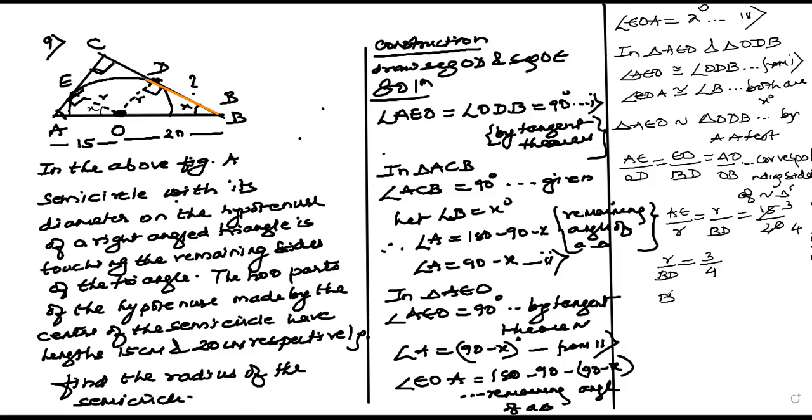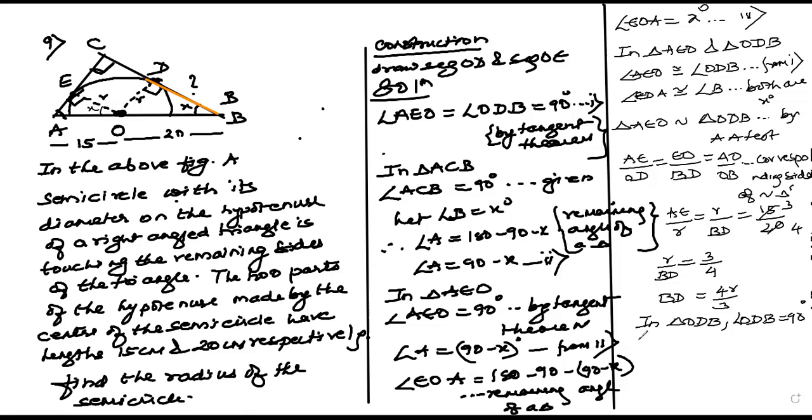So BD equals 4R upon 3. So I think now I can use Pythagoras theorem in triangle ODB. In triangle ODB, angle ODB equals 90 degrees.